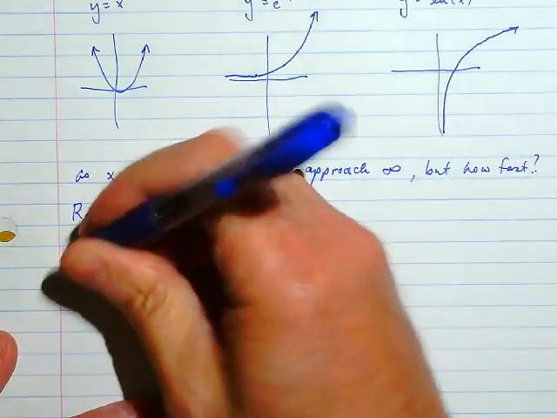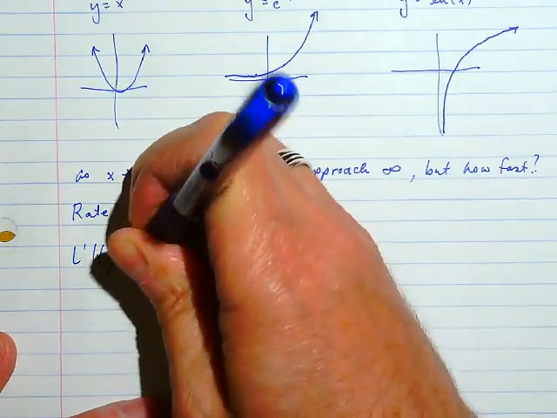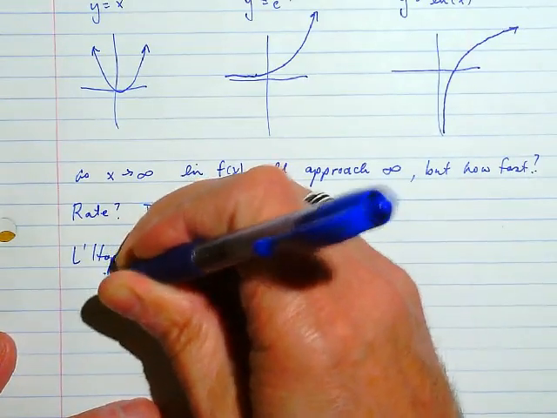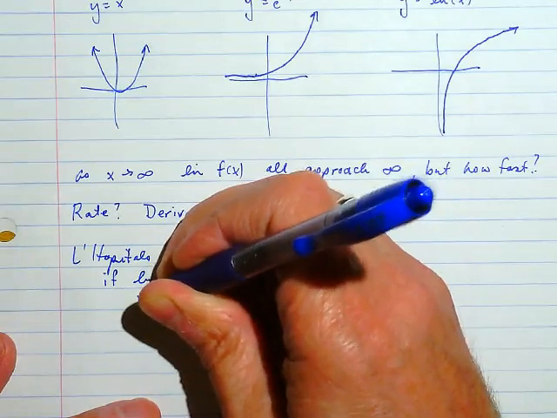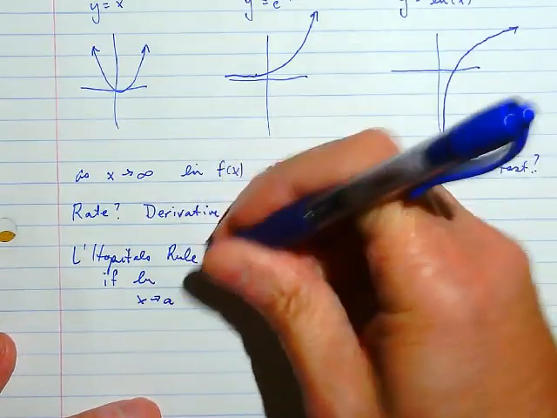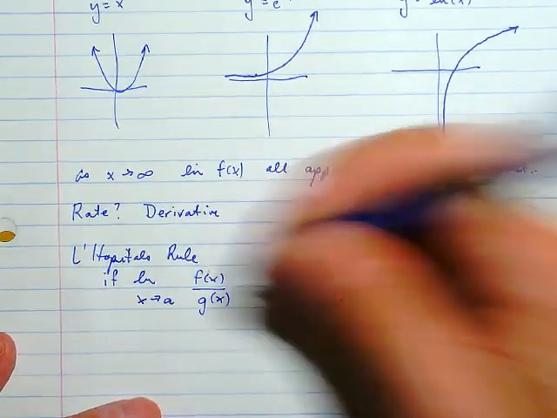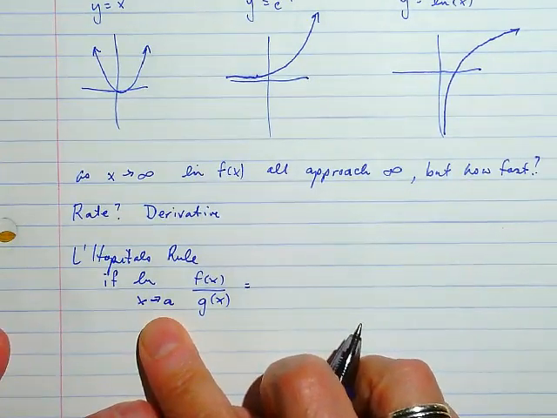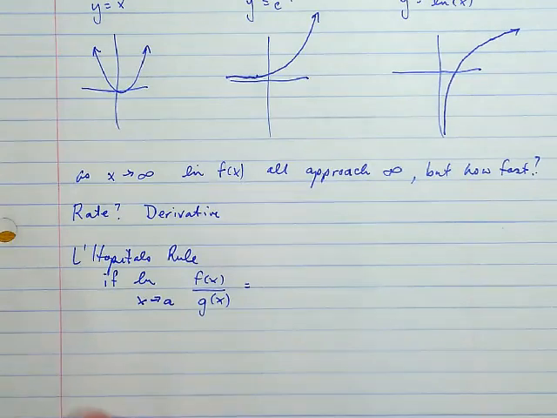So here's L'Hopital's rule. If the limit of some ratio of functions as x approaches a of f of x over g of x, now a could be a number like 3 or 0 or 1 or infinity, okay? But the infinity idea is an easy one to think about.